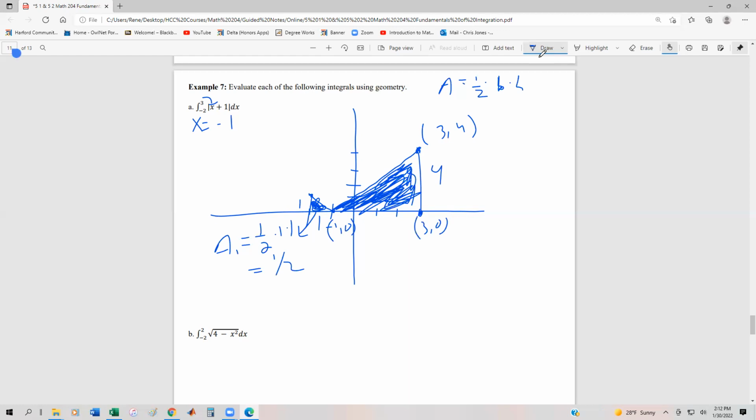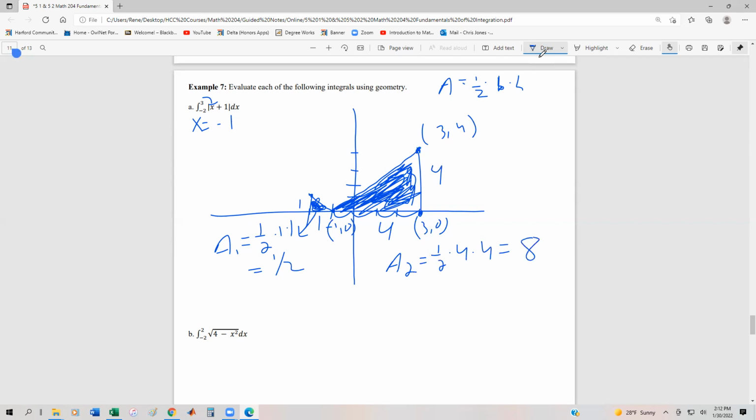So the length is 1, 2, 3, 4, or the base is 4. It actually winds up being a triangle with 2 sides that are the same. So the area 2 is going to be 1/2 times 4 times 4, or 8.